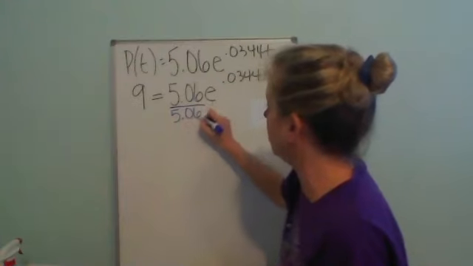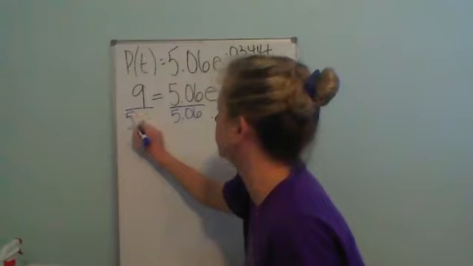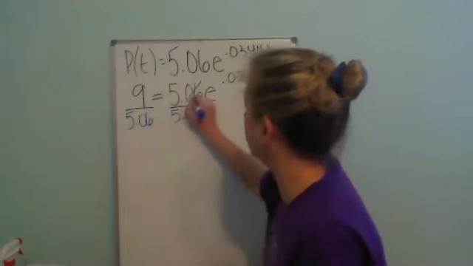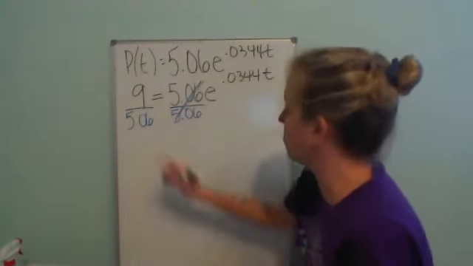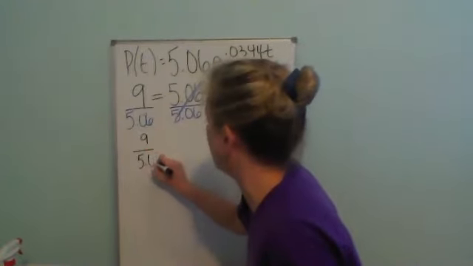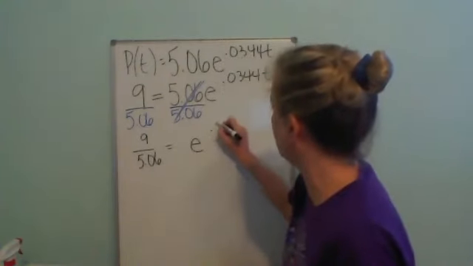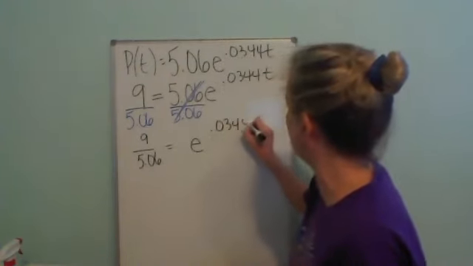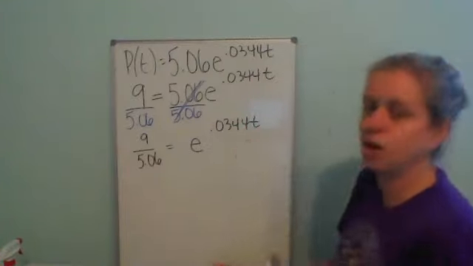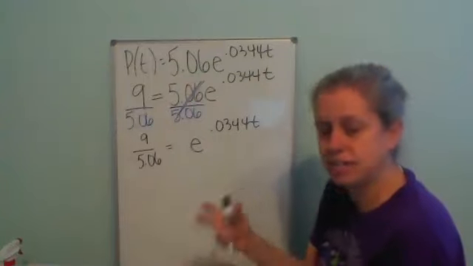Since it's hooked on, I'm going to divide by it to cancel it out on both sides. So it cancels it out here. So now let's see what we have. On the left, we've got 9 over 5.06 equals e to the 0.0344 t.